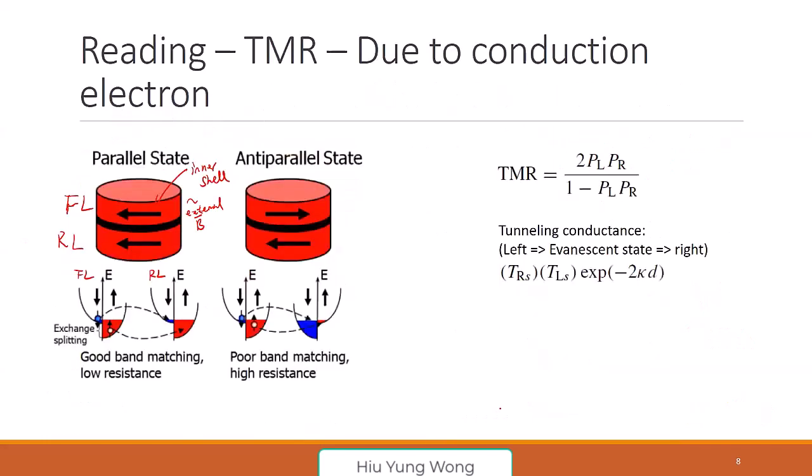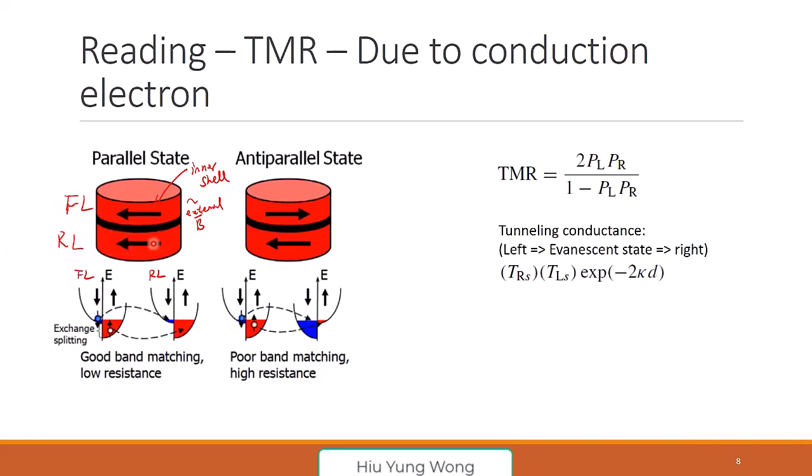Now I reviewed this for so long because now we are going to really explain why we can have different resistance when you have parallel and anti-parallel states. Okay, so here I show the magnetic tunneling junction. I have a free layer on top and a reference layer on the bottom.